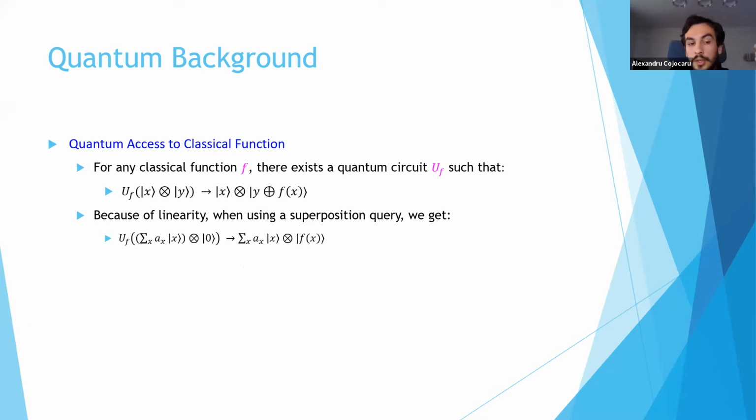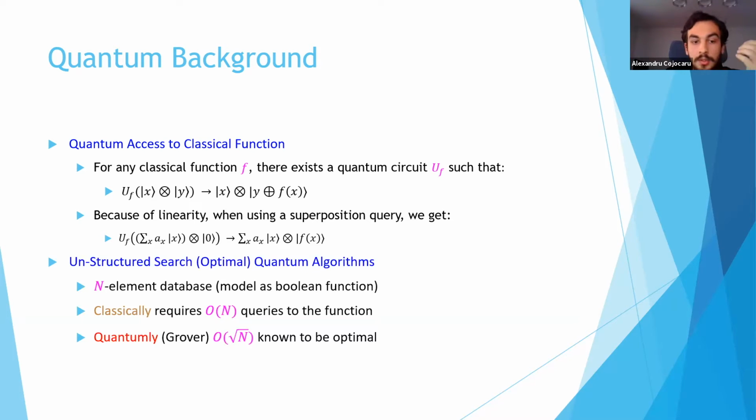If we query it with the input state x, y, so in the first register x and in the second register y, then U_f would map this input to the quantum state x, and in the second register y XOR f of x. And now if we use the linearity of the operation U_f, then we can actually use superposition queries, and this would lead to obtaining a superposition over a_x, x in the first register and f of x in the second register.